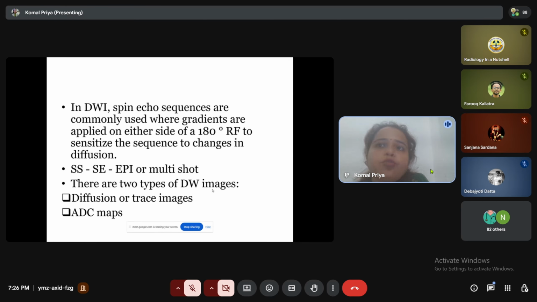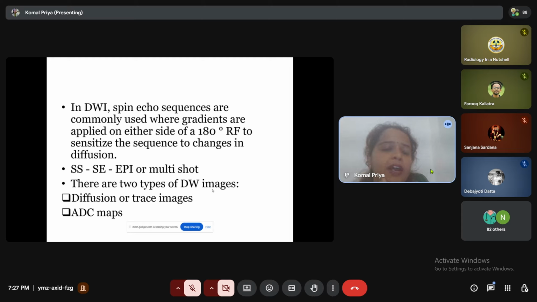So in order to reduce other types of motion, we put this sequence on that particular diffusion type. Typically we can use single or multi-shot spin echo with echoplanar imaging to acquire the images in a few seconds.